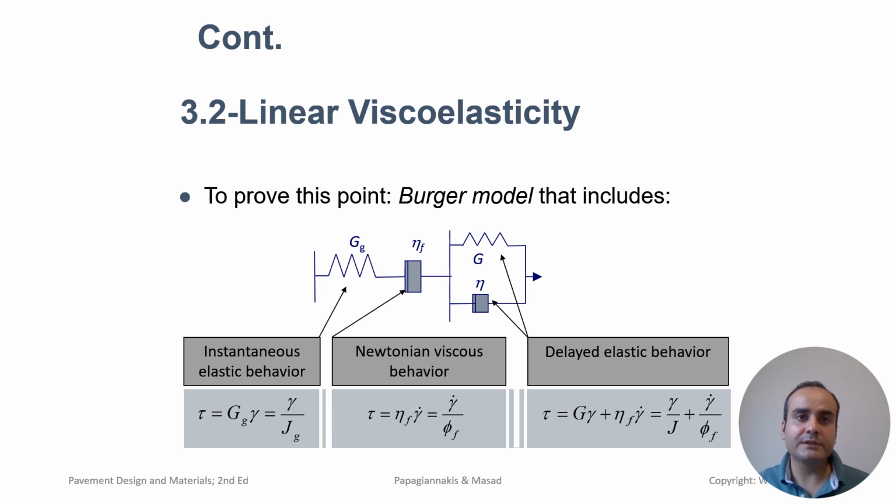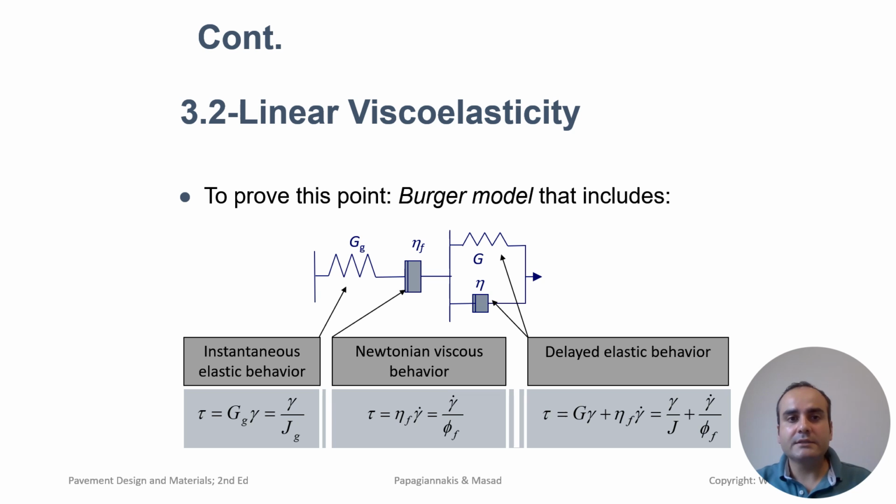So springs represent the recoverable deformation of the material. Dashpots represent the irrecoverable flow of the material. The springs and dashpots are arranged in a series-parallel configuration, combining the Maxwell and Kelvin-Voigt models.